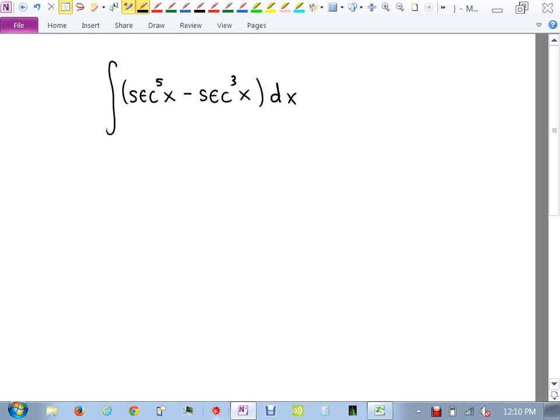Now what? You could split them, but how are you going to do each one? Secant to the 4th times secant? Secant squared. You could do that.